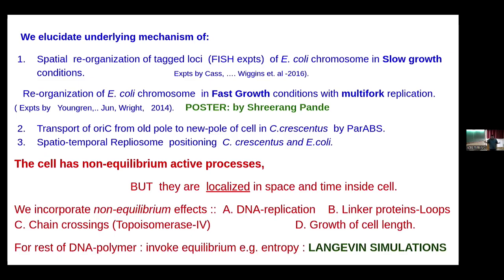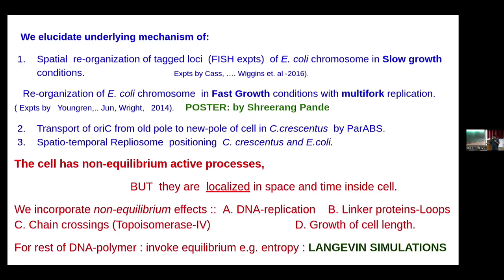The chromosome is huge. So except for those active points, I could talk about a DNA polymer which is in equilibrium. In particular, I incorporate non-equilibrium effects. I mean, I basically do polymer physics, but I do incorporate non-equilibrium effects of DNA replication, loop formation, chain crossing, which is the effect of topoisomerase, growth of cell length, but they're all happening in localized points of space and time.